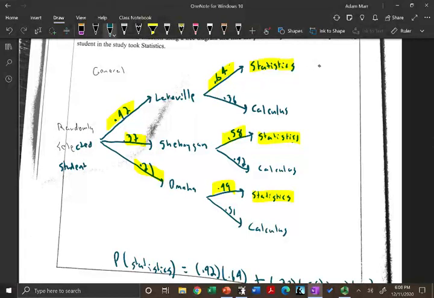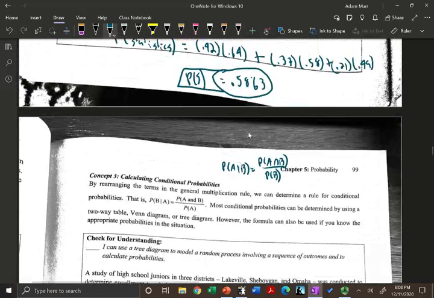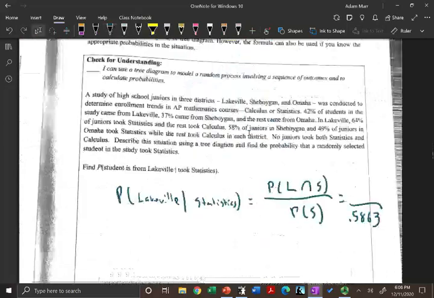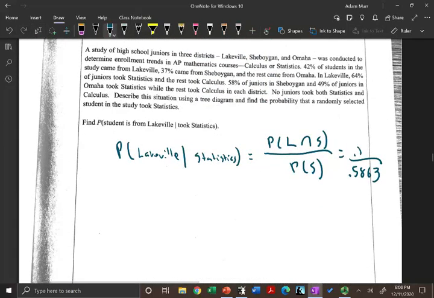This is going to be 0.42 times 0.64, which ends up being 0.2688. You can round that to 0.269 if you wish. But if you're doing the problem, just keep the raw data. So 0.2688 is good, and then round once you finish.